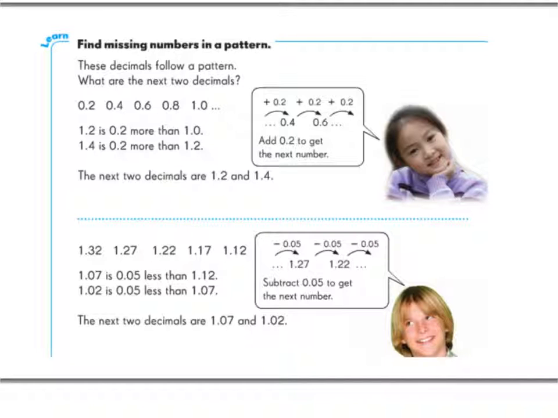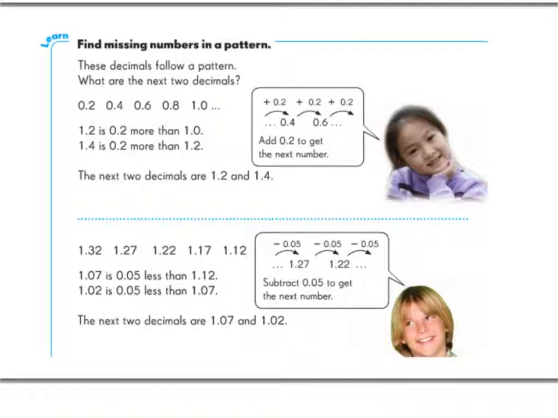If we come over to the machine that this little girl is using, we can see that in each number they're adding 2/10, plus 2/10, plus 2/10. So if we continue, 1 plus 2/10 is 1 2/10.